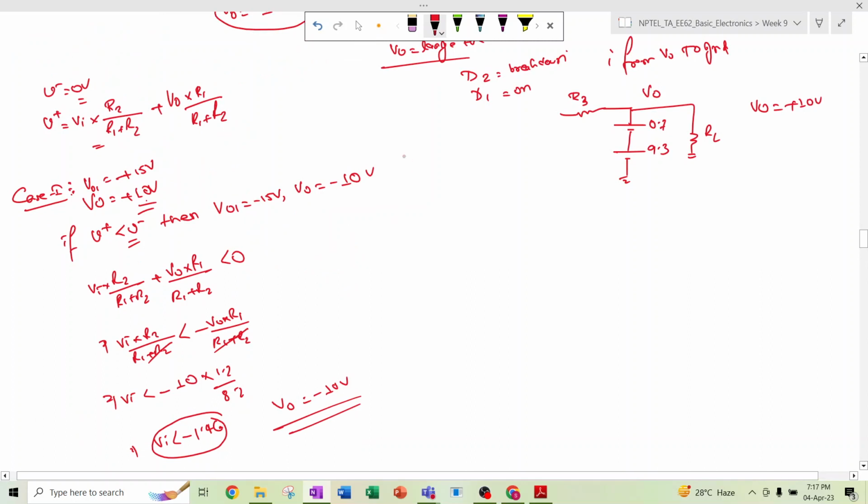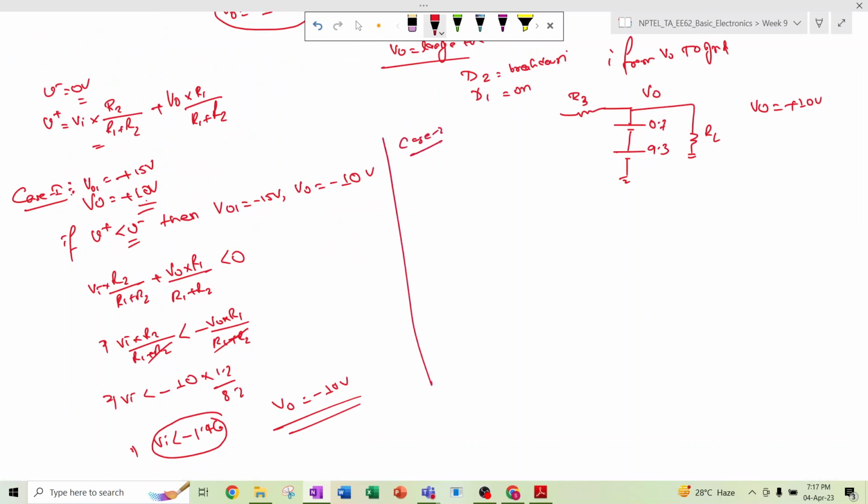Similarly, if we consider case 2, that is, if VO1 is minus 15 volt, that means VO is minus 10 volt, right? Now if V plus is greater than V minus, then VO1 becomes plus 15 volt, which means VO is plus 10 volt.